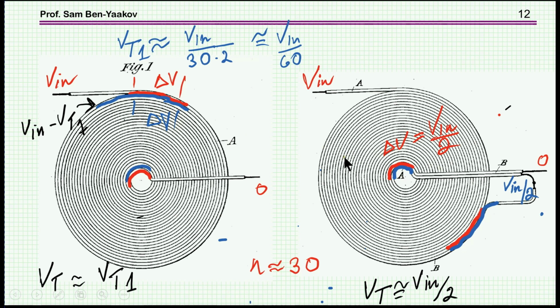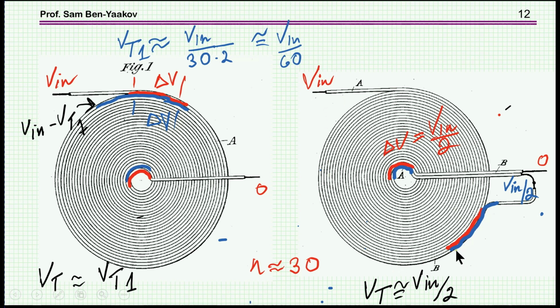Now, in the case of the Tesla invention, we take the middle point and then wind it with the beginning. So the difference here is V in over 2. And then it goes this way all the way.